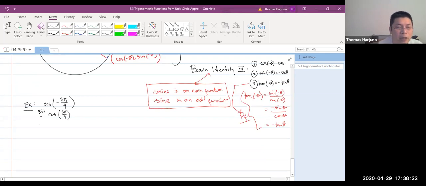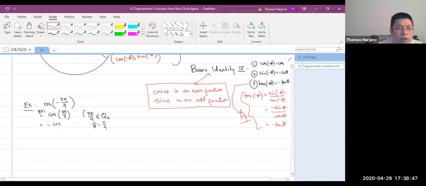Next, I realize 3 pi over 4 is in quadrant 2. In quadrant 2, cosine will be negative, and the reference angle is pi over 4.